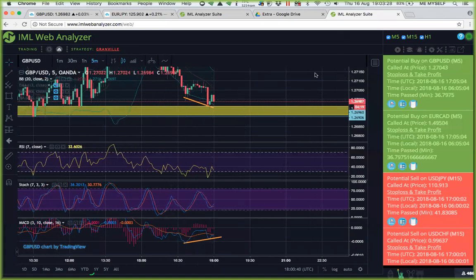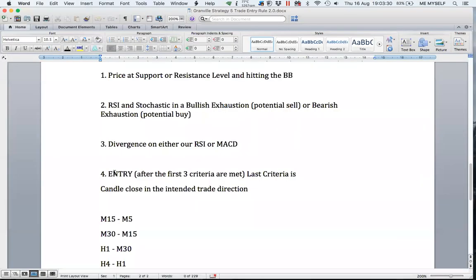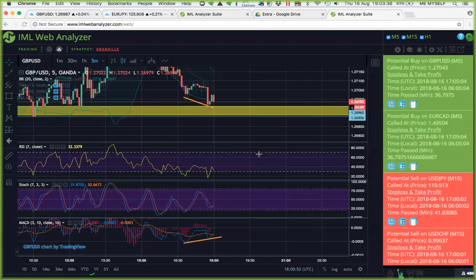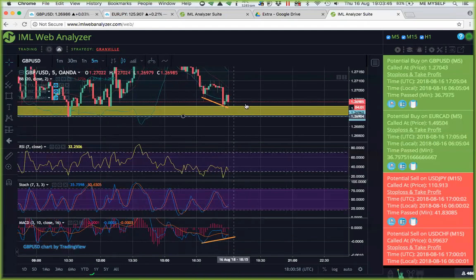The other rule that we have is the entry after the 3 criteria are met, and then a close of a candle in the direction of our trade, which we had. We had this candle close in the direction of our trade, and that's why we've now entered this trade.